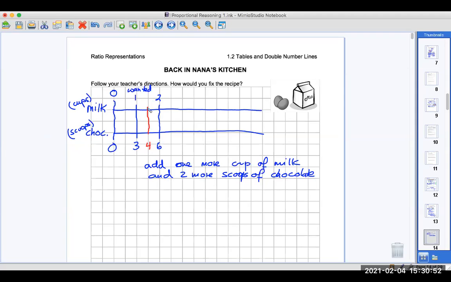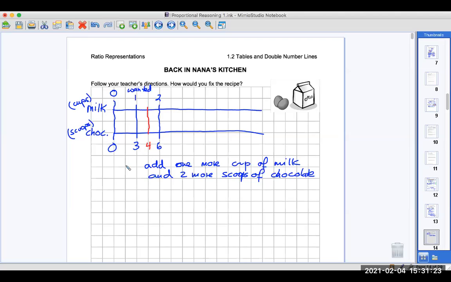How much do we add so we won't have to add more chocolate? That's my question. Well, 4 is between 3, 4, 5, 6, so we have to figure out a connection between 3 and 4. How much milk? It's going to be a little bit more.